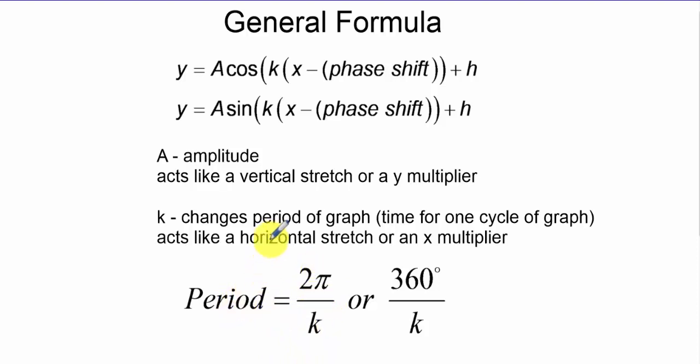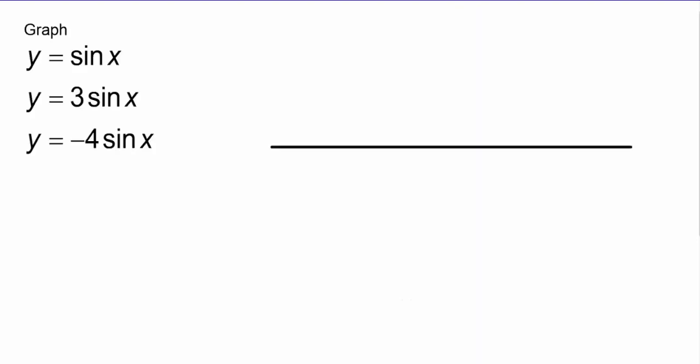And we will talk about phase shifts and this H value as we move along. So if I were to graph y equals sine of x, I'm going to go ahead and do it in degrees just for a change.